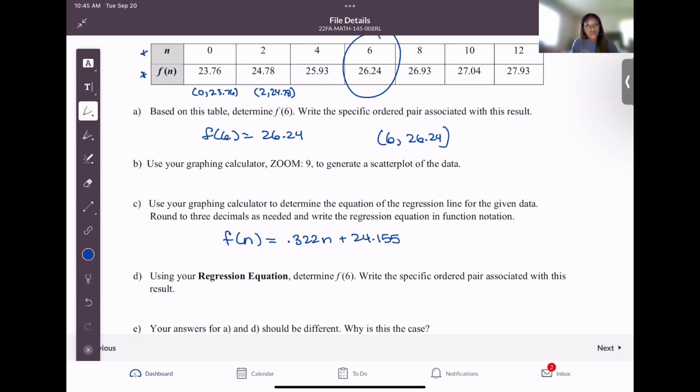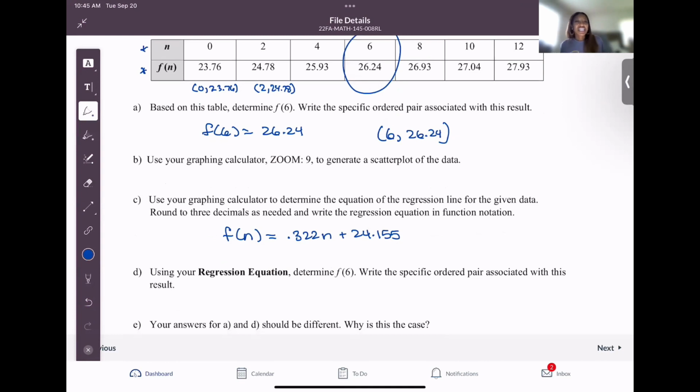Now for part C, once we have this equation, we can use it. It says, use your regression equation to determine f of 6. Write the specific ordered pair associated with this result. So notice, we have f of 6 from the table above. F of 6 that we get from the regression equation is probably going to be different because remember, the regression equation is going to be an approximation. But let's see.